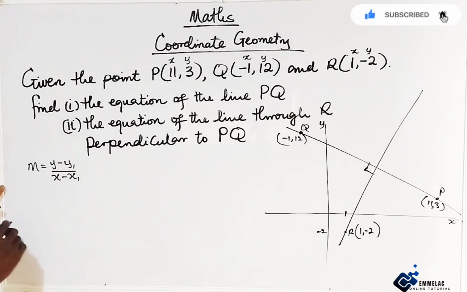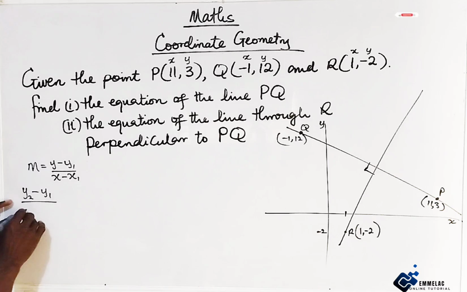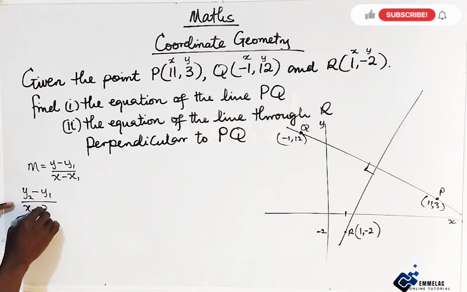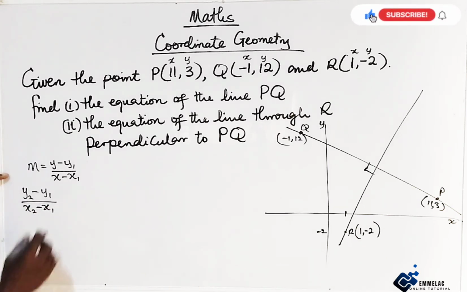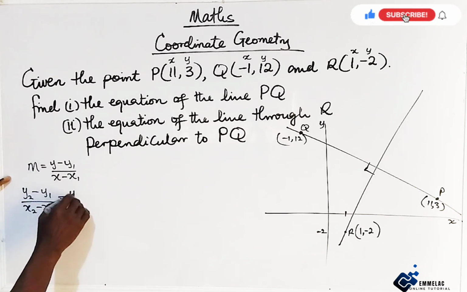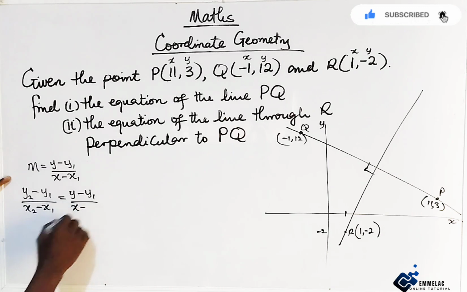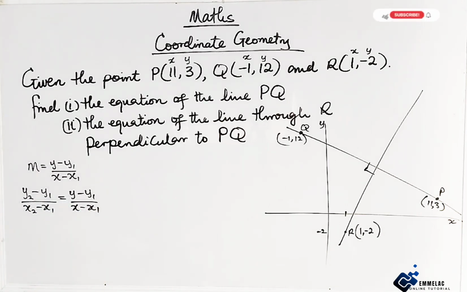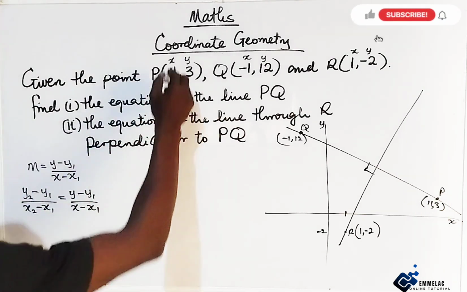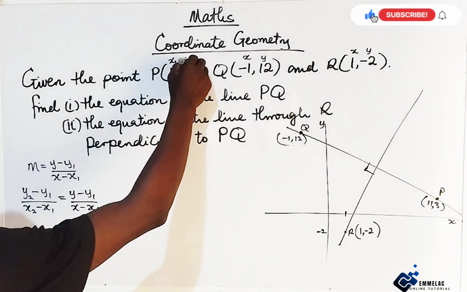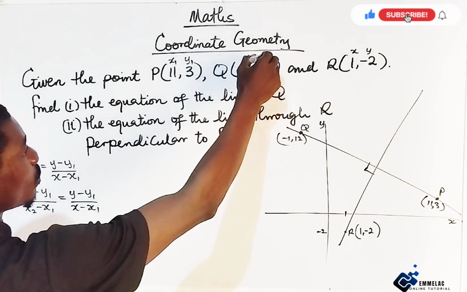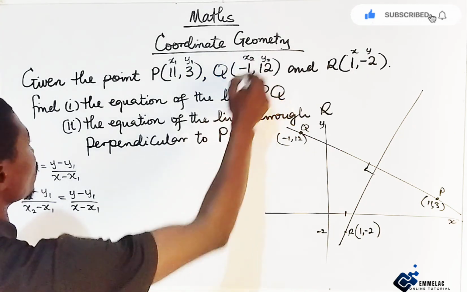where our gradient is y2 minus y1 all over x2 minus x1, which gives us (y minus y1) over (x minus x1). Here we have our x1, y1 and x2, y2.